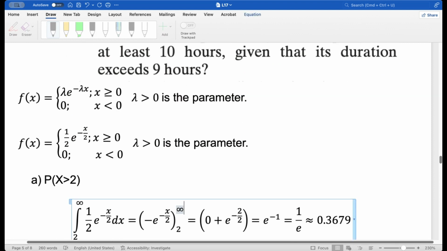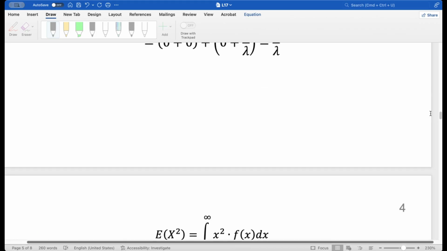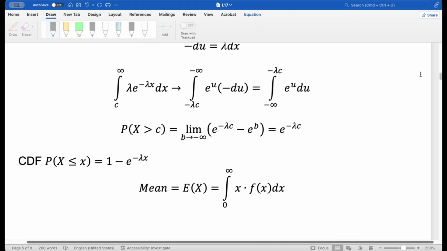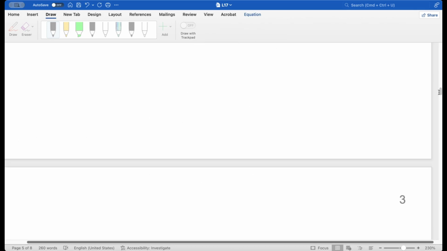So we could do the integration out, or we could do the shortcut. The shortcut is that if you're doing a greater than situation, the probability is just e to the minus lambda times c.